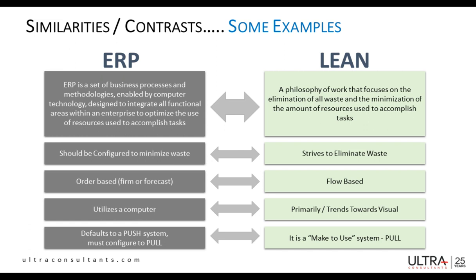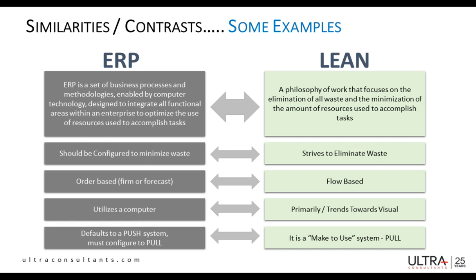They either come straight out of the box or you work with your ERP provider to design them, and you enable processes with them. So essentially it's tools that you're having, but in a structured way. On the lean side, it's a philosophy of work, focusing on what we talked about earlier, elimination of waste, making certain you're running make to use, and flowing.